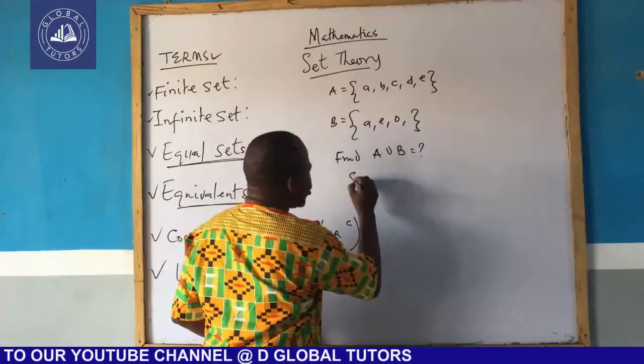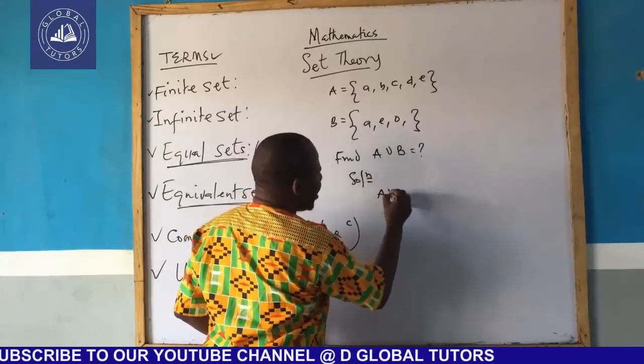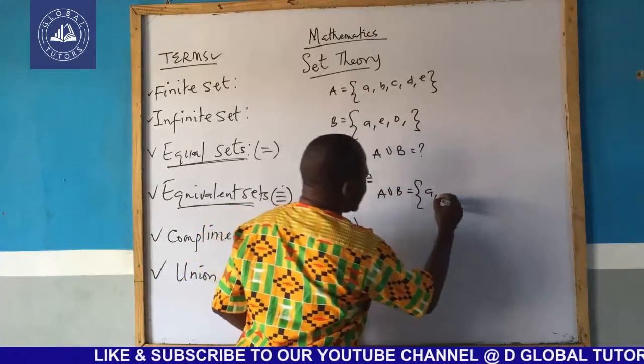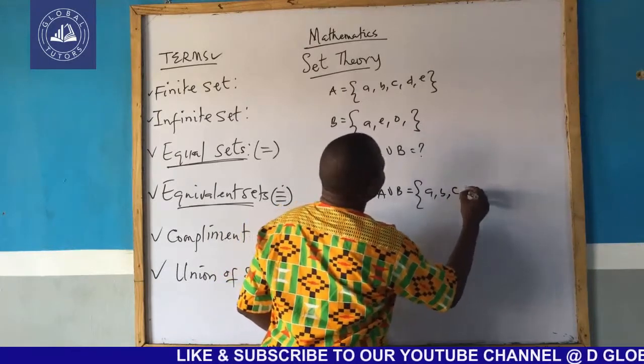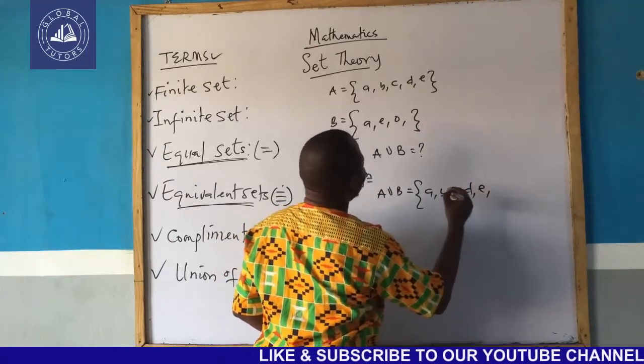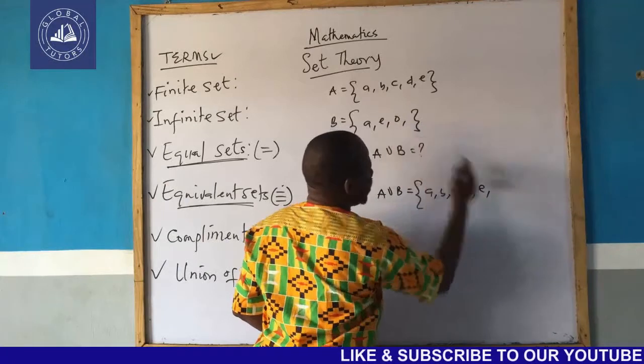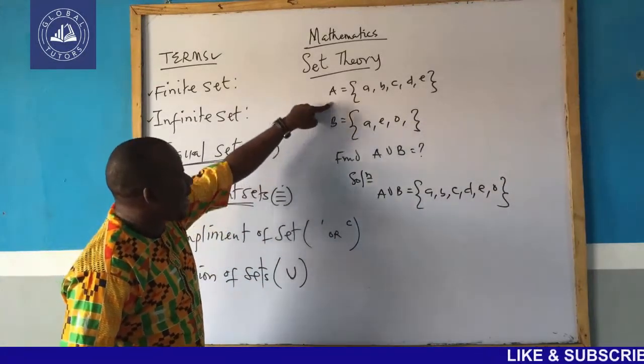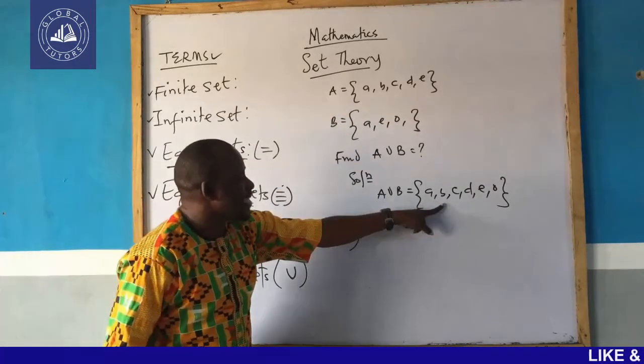So the solution becomes A union B equals A, B, C, D, E, O.